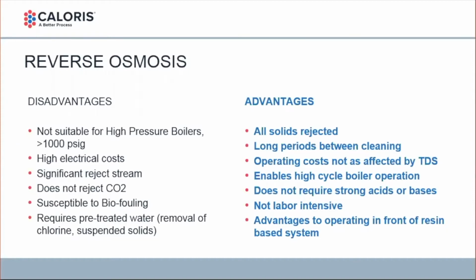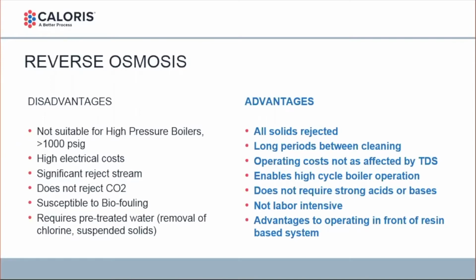It does not reject carbon dioxide. It's susceptible to biofouling, and it requires pre-treated water. So if you have free chlorine in your water, you're going to have to remove that, and suspended solids are going to have to be removed too. You definitely don't want to have a lot of suspended solids.